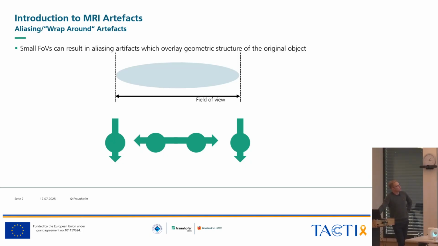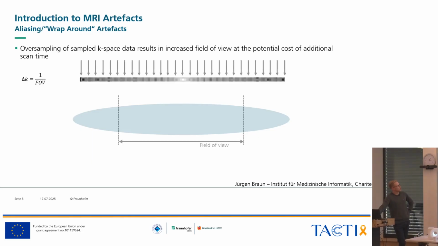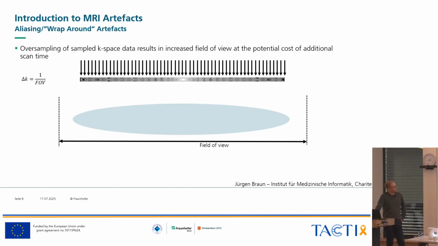at least to the edges of the object that you want to measure. And one thing to solve this problem, if you want to have a field of view which is smaller than your object, is so-called oversampling. The field of view is related to the step size in k-space, how you traverse through it. You could simply double that, for example in the readout direction, which will double the field of view, and then you get rid of the problem with these aliasing artifacts.